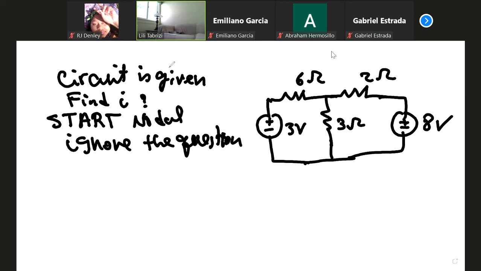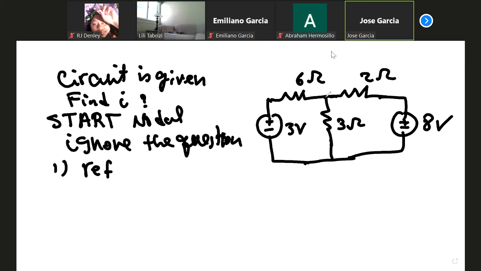Okay. Let's go to Jose Garcia. We are starting now. Step 1 in nodal is choose a reference. Somebody just mentioned, it's up to you. But I mean, naturally, when you look at the circuit, what is your choice of a reference? Choose a reference node. In the middle of all the resistance.